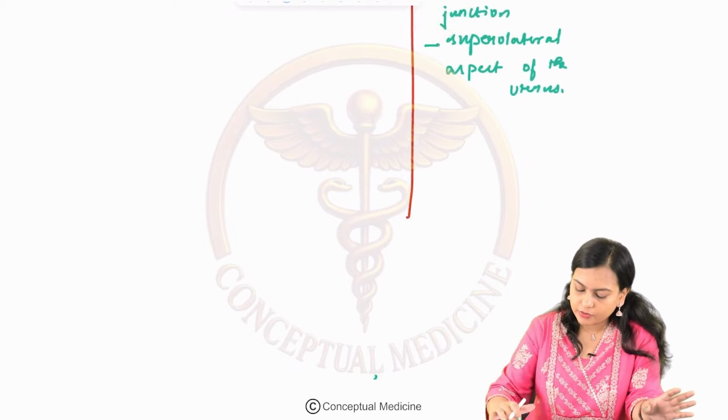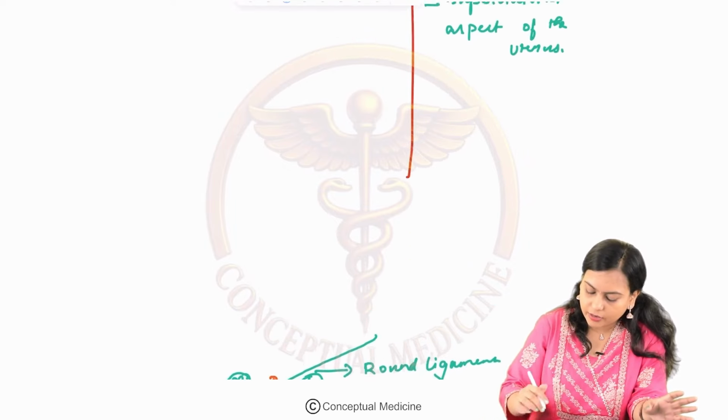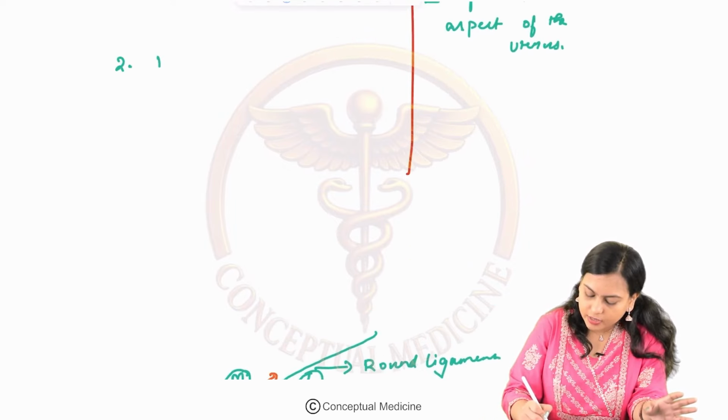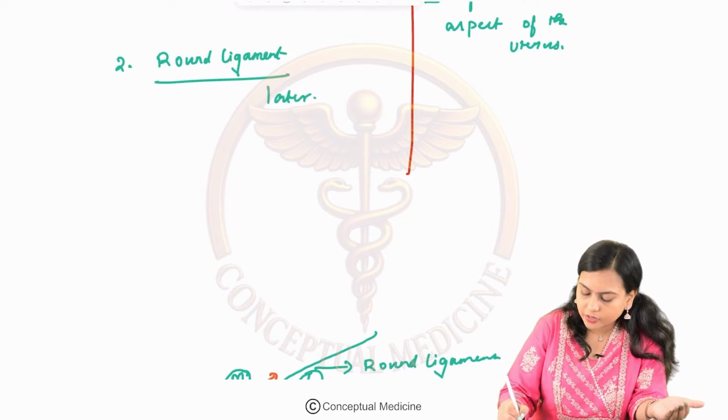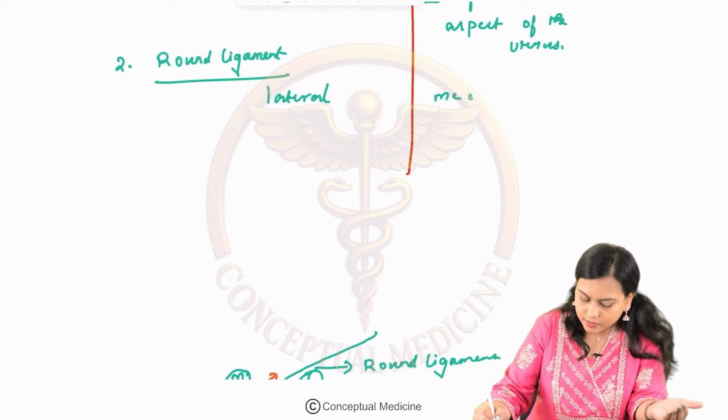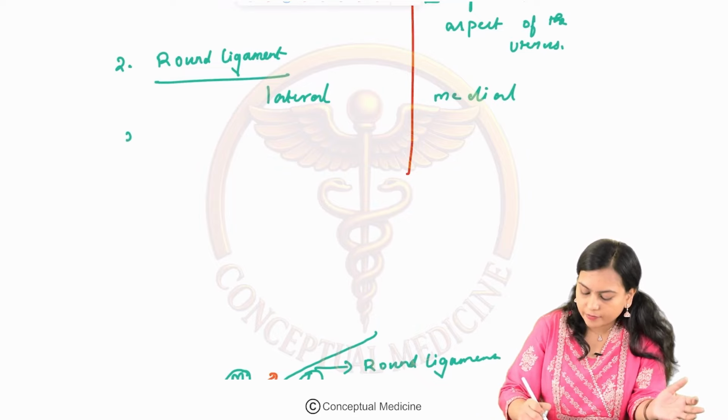Clear? So, interstitial pregnancy is lateral to the round ligament and this is medial to the round ligament.